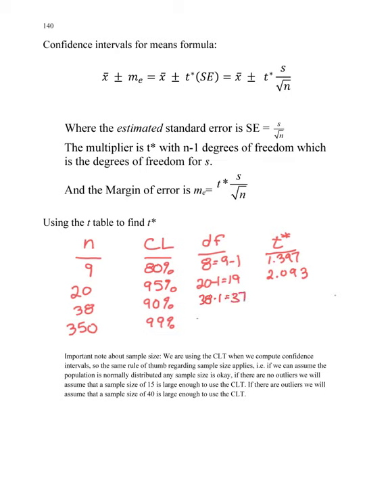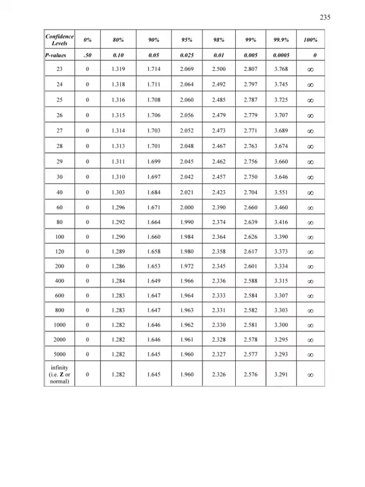And for 350, minus 1 is 349. Okay, so to find those, we have to go to the next page. And so we're going along here, 28, 29, 30, 40. Notice all of a sudden the table started jumping by tens. And then it's going to jump by 20s, and then eventually by 200.